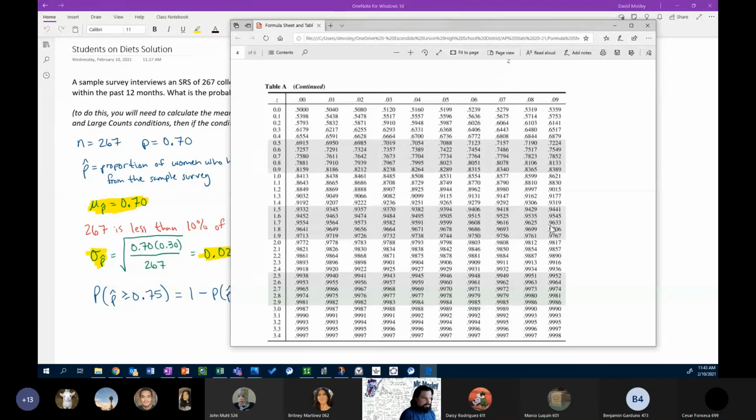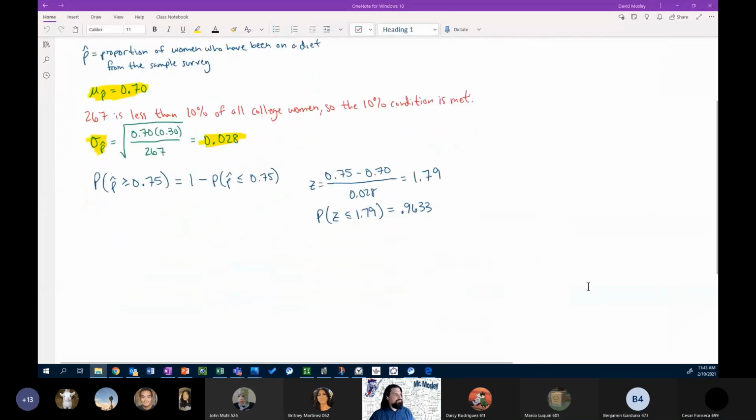is equal to 0.9633, and that is found on table A. So we get 1 minus 0.9633.